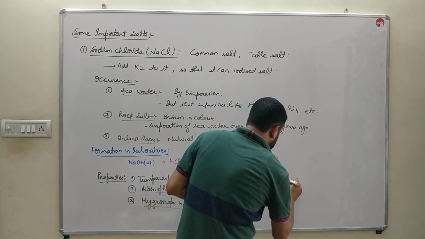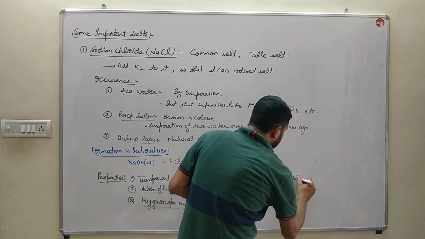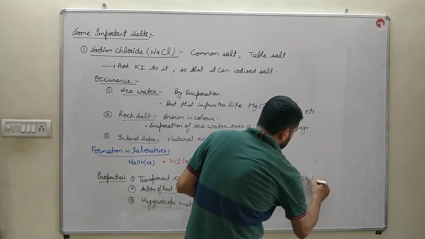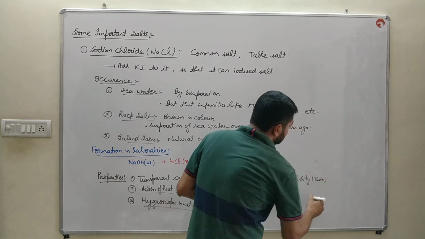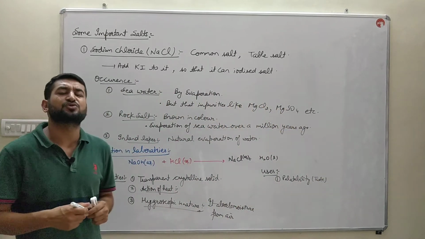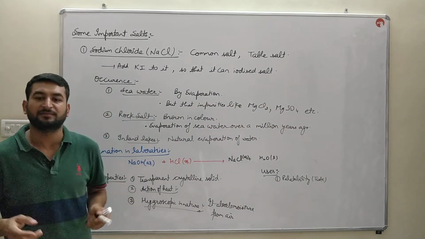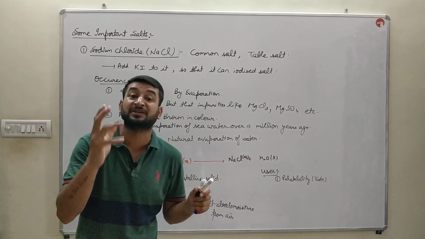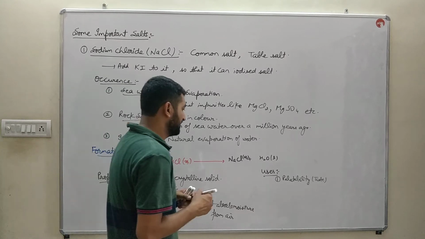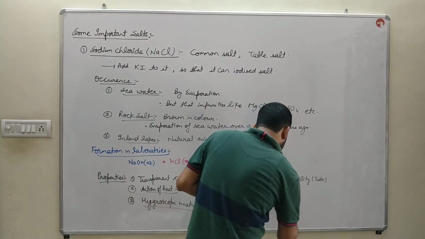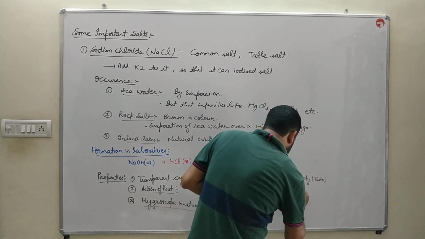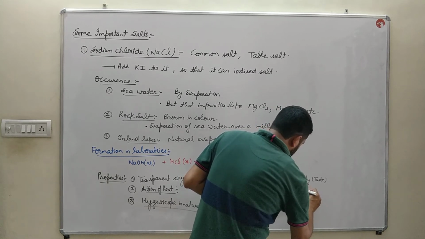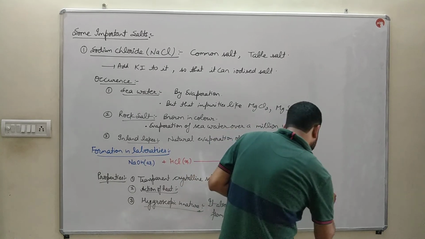The first use is it is used for palatability. Palatability means taste. As we all know, children, we use salt in the food items during the cooking, and that salt we add is only for the taste. Next, formation of other materials that we will discuss further on.